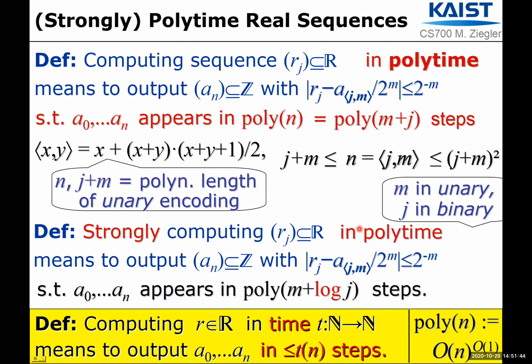And the dense sequence notion is exactly where our notion of strong polynomial time computability arose, so the running time there must depend only logarithmically on the sequence index. That's our justification for the second notion.